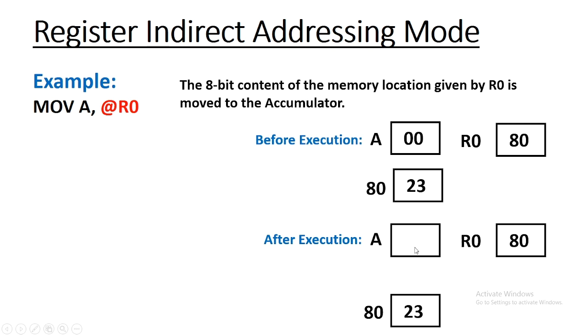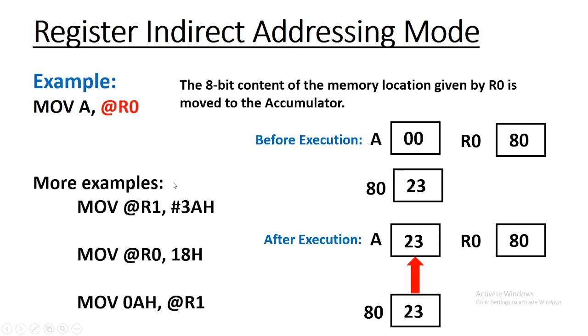So after execution, R0 is acting as a pointer register, and in R0 there is 80. So 80 will be a memory location, and at that memory location 23 is stored. That data would be copied into the accumulator. So the memory location is indirectly provided by the pointer register.